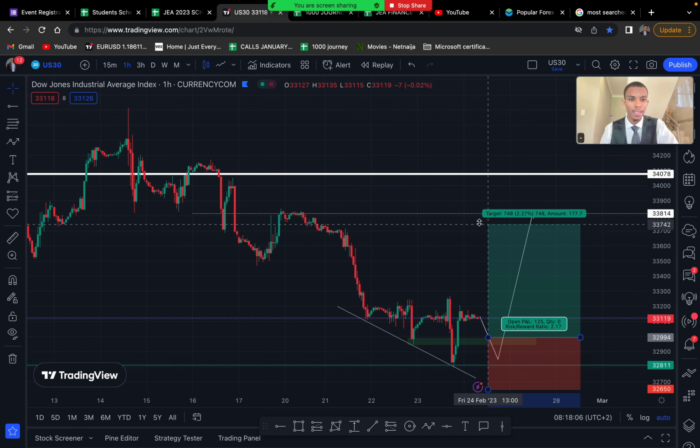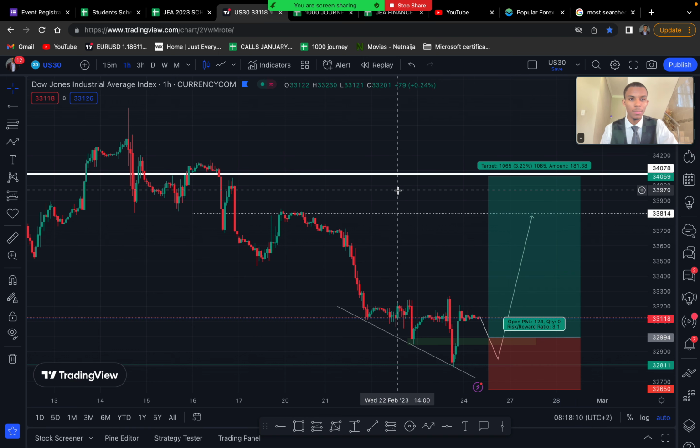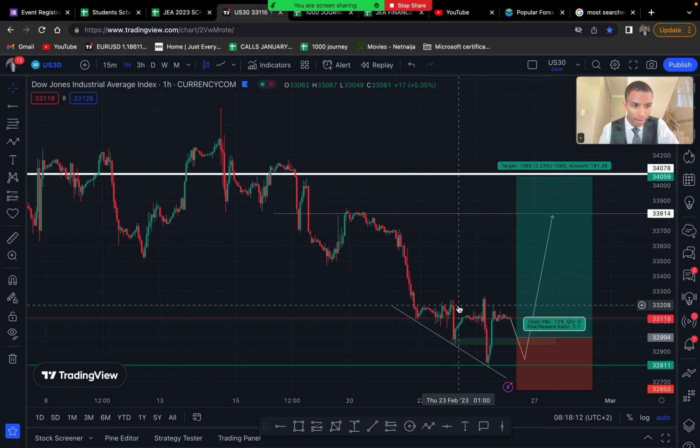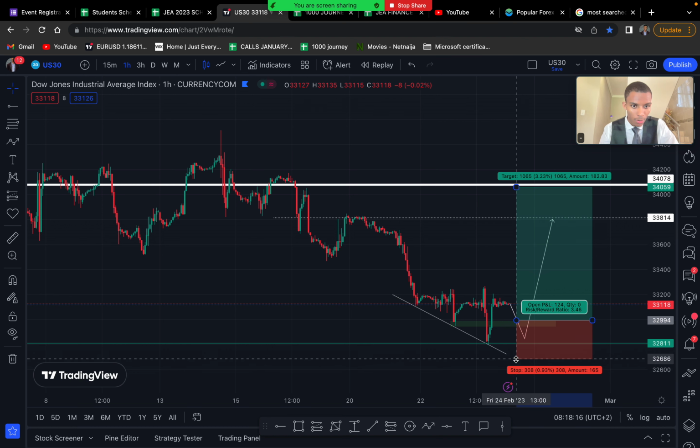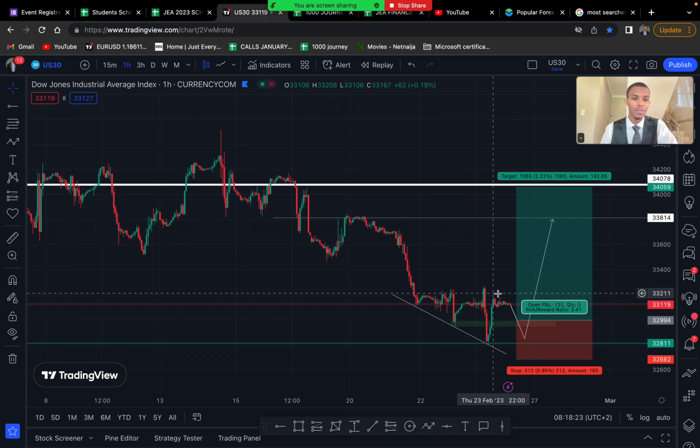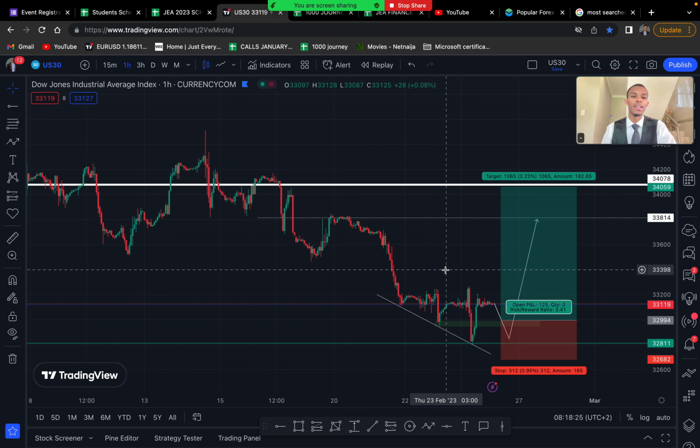At this area, I might place TP1 there, and I might place TP2 there, and my risk I'll put right below there, just for safety. That's what I'm expecting for the week.